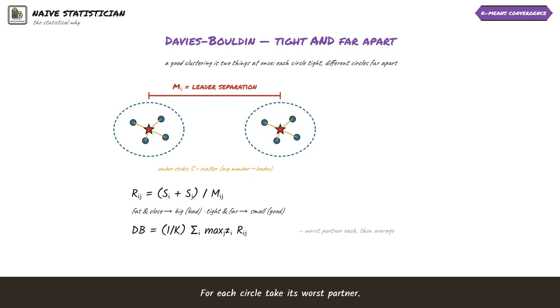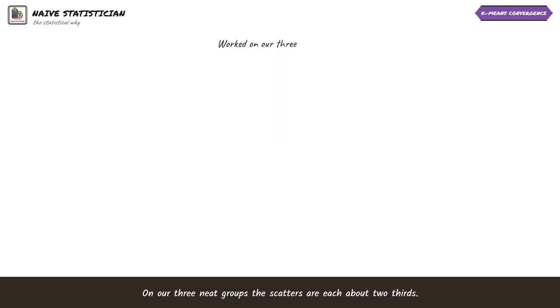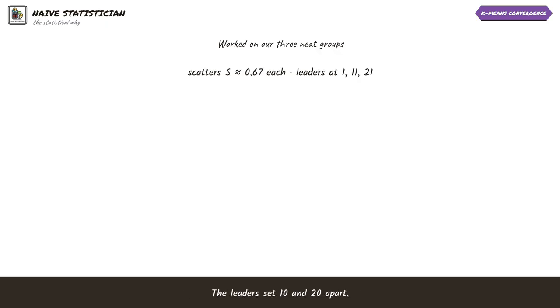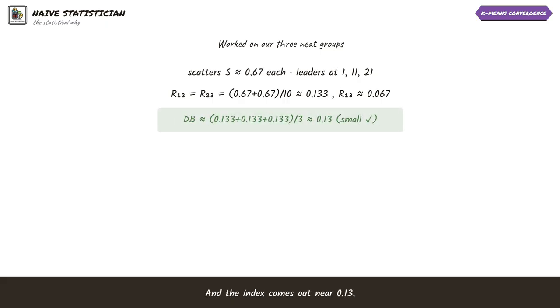For each circle, take its worst partner, the largest such ratio, then average those worst cases over all circles. That is the Davies-Bouldin index, and lower is better. On our 3 groups, the scatters are each about 2/3. The leaders sit 10 and 20 apart, and the index comes out near 0.13, small as it should be.